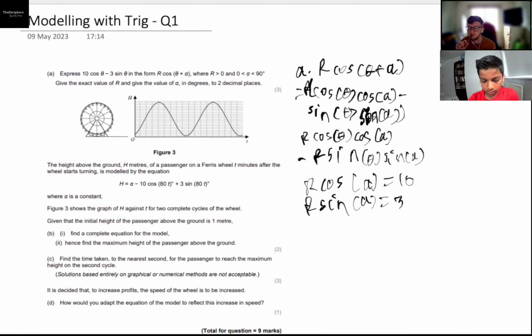Because the r's just cancel, and sine over cos is tan, we get tan of alpha is 3/10. So alpha is tan inverse of 3/10.